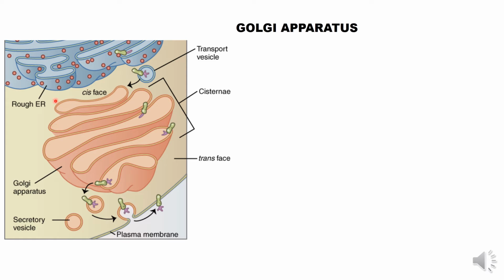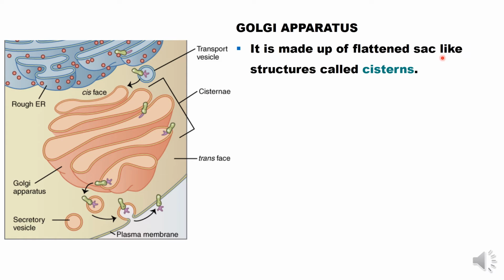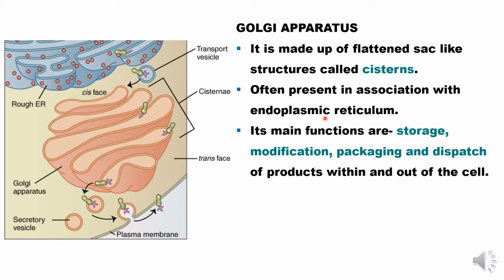Yes, the Golgi apparatus is made up of flattened sac-like structures which are known as cisternae, and often it is found very close to the endoplasmic reticulum. Let us learn why. Because its main functions are storage, modification, packaging and dispatch of various products.